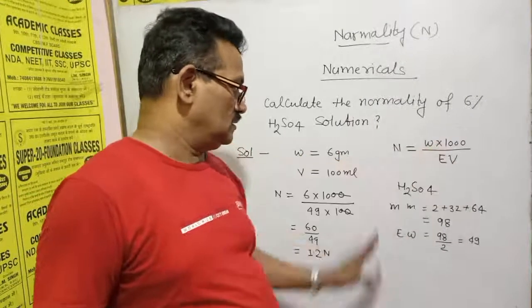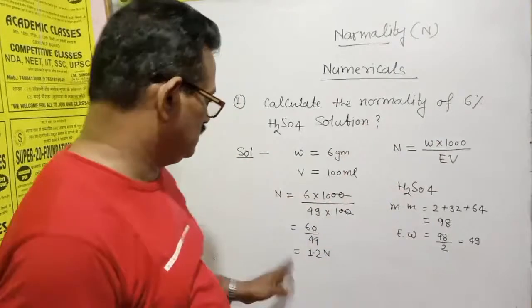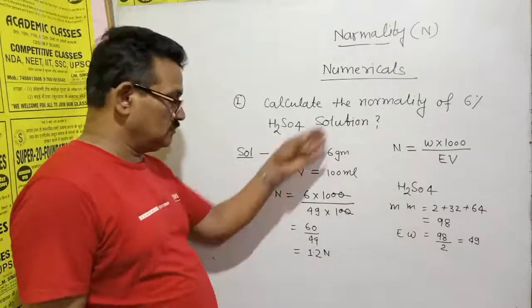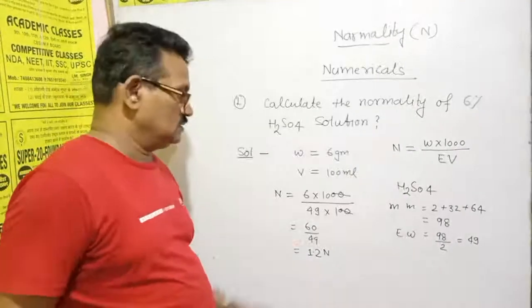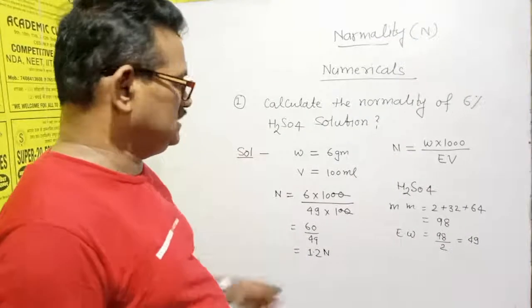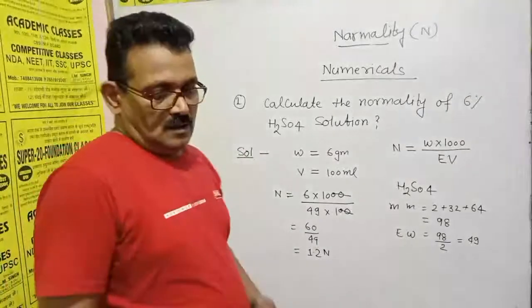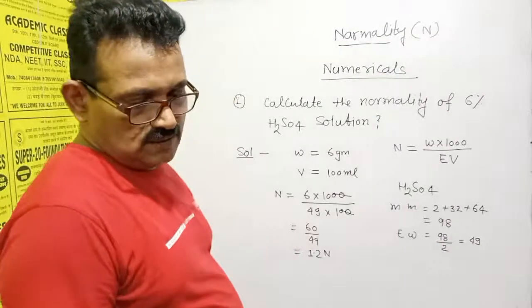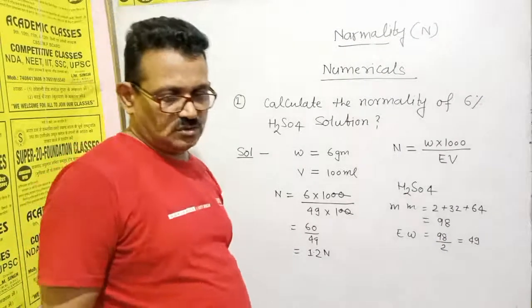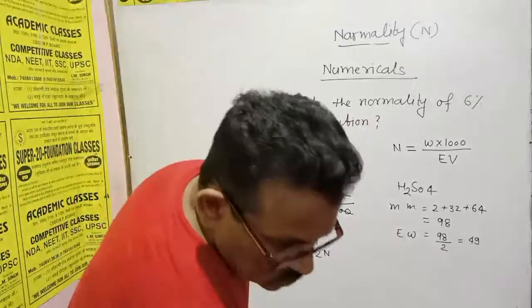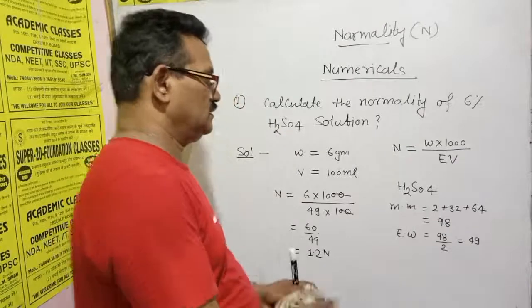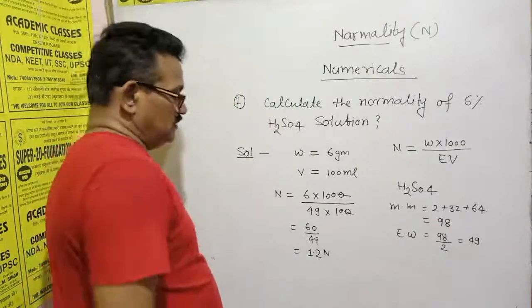Then finally you calculate the normality of the solution. Okay, student, very important and a very easy question. If you have any confusion, then write in the comment box. I will also read your comment and solve it.